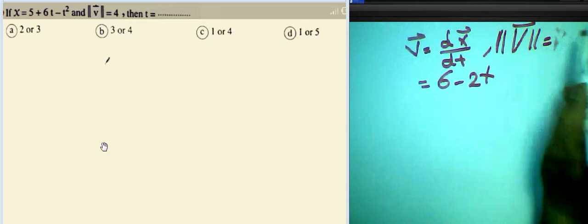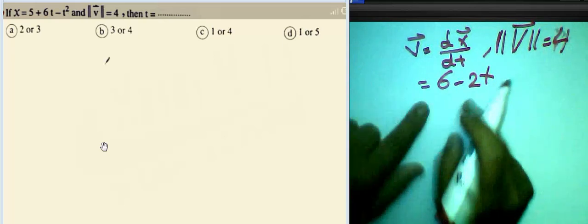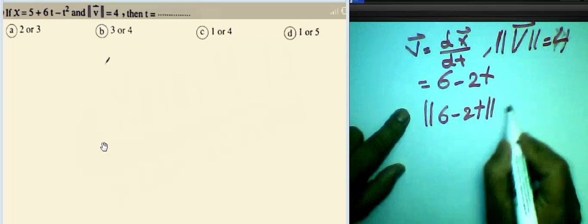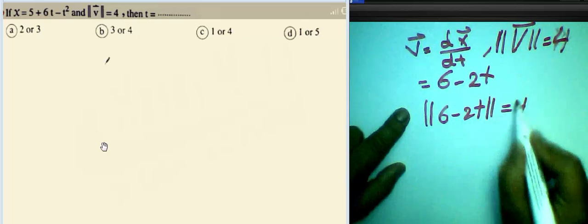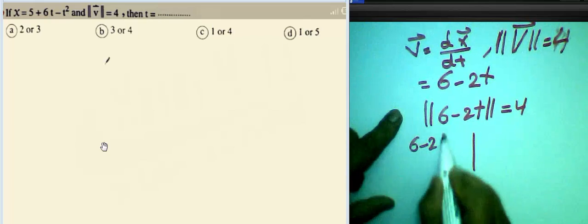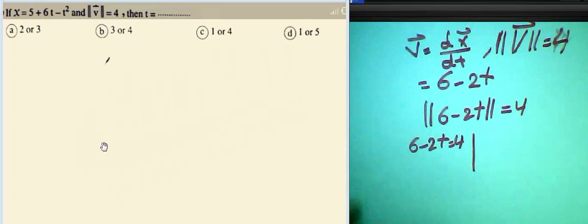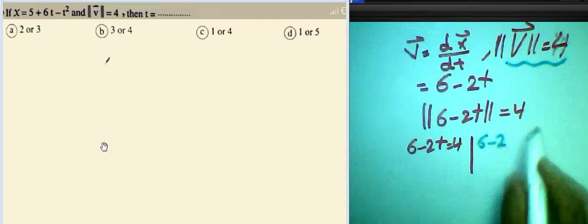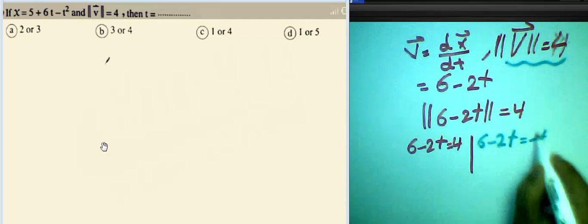He gives us this information, so you can find the norm of 6 minus 2t equals 4. It means 6 minus 2t will be equal to 4, or 6 minus 2t equals -4. Okay, because he gives us this information, the norm.